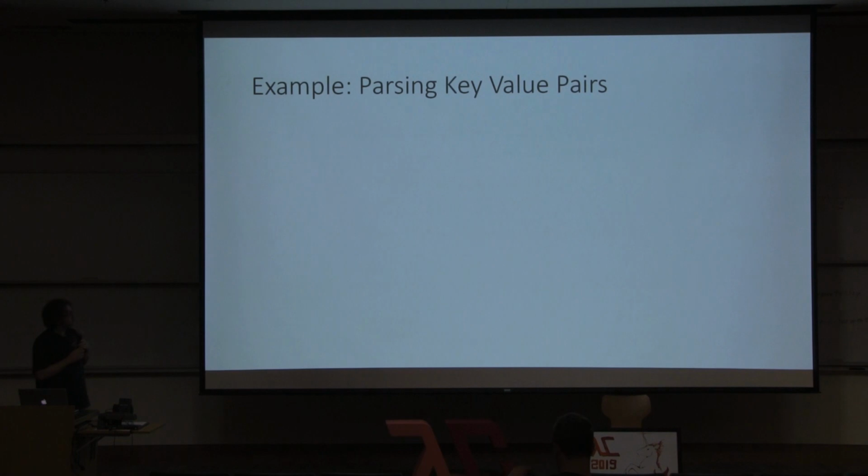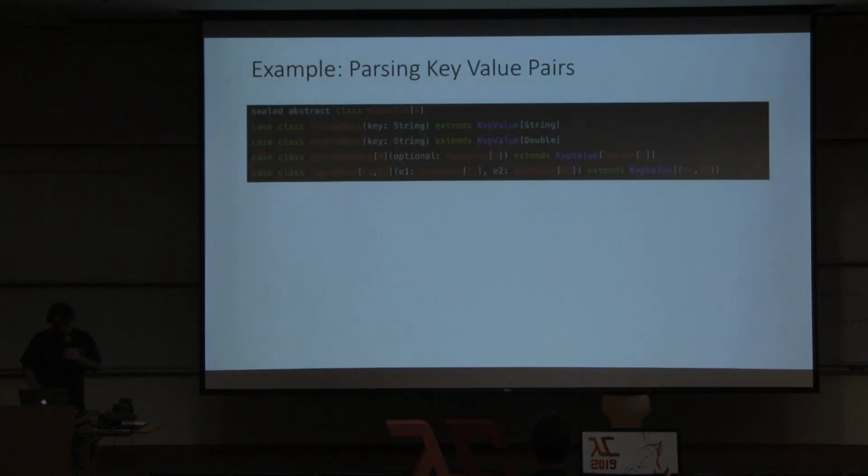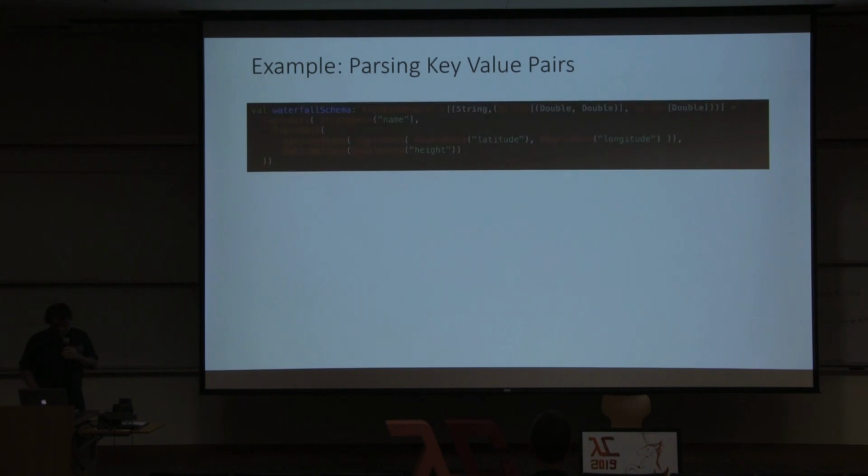Okay, so I'm going to give an example of parsing key value pairs into JSON. We're going to define the keys on our primitive types. That's the only difference here. We're now going to build up our schema, and now we're adding names to these things.